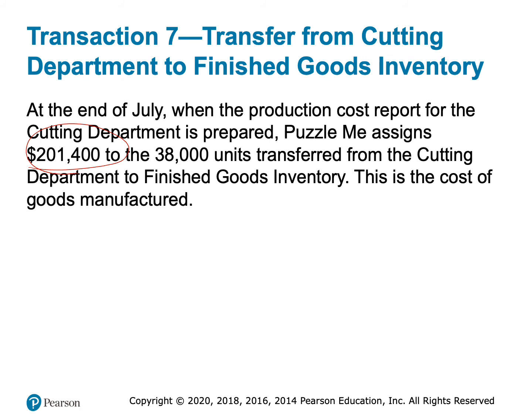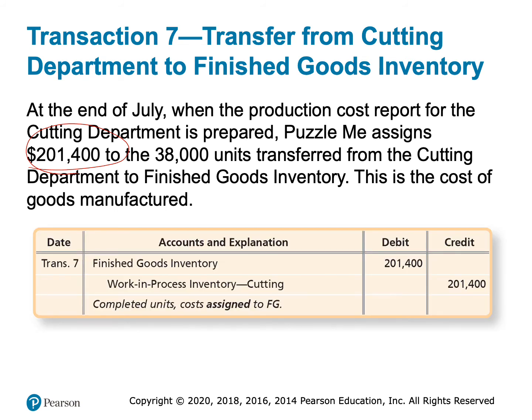So again, we're going to debit the account that they're going into, credit the account they're coming out of. So I want to debit finished goods, credit work in process cutting. So again, make sure that you've posted all of these T accounts because this is important.